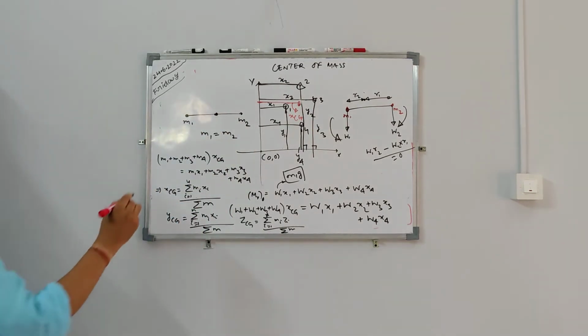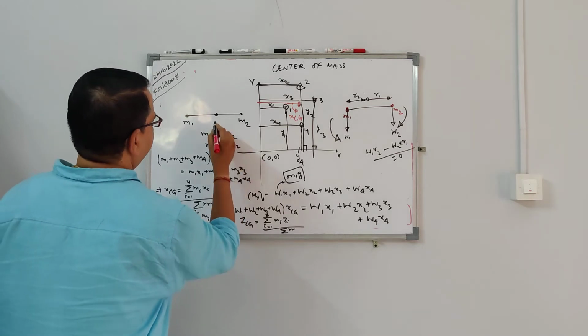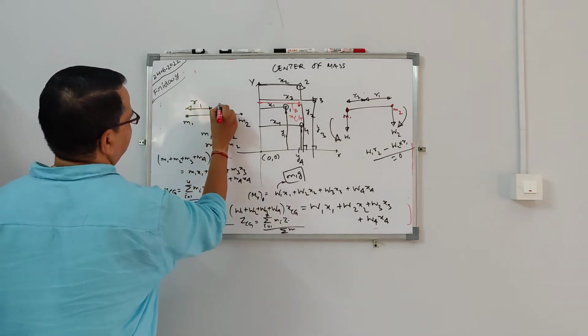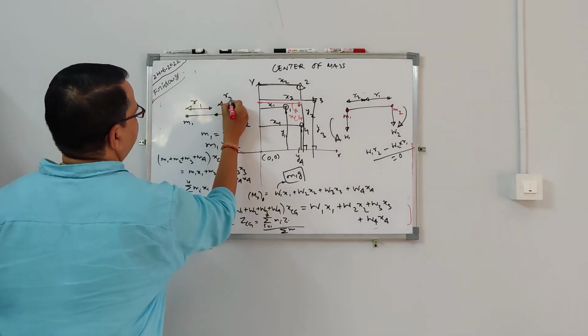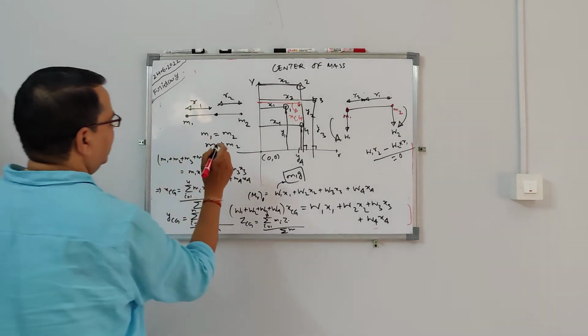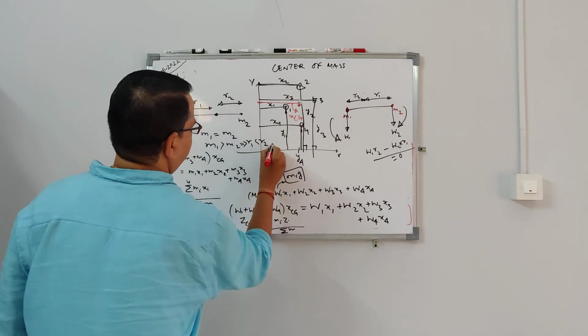But if m1 is greater than m2, let us say this is R1 and this is R2. If your mass is high, the moment arm will be less, because mass is high, moment arm will be less. So m1 greater than m2 implies R1 is less than R2, R2 will be greater.